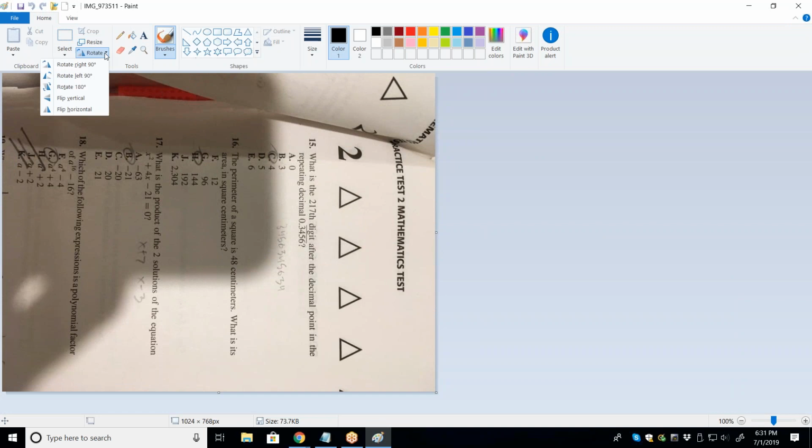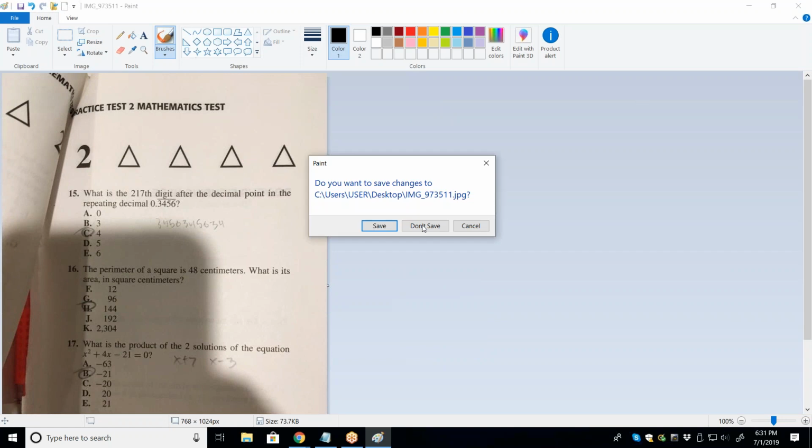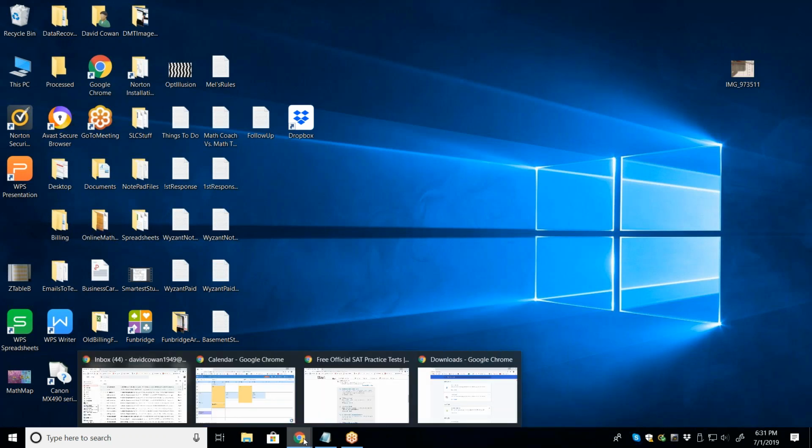Well, right off the get-go, it doesn't. That's the wrong file. It's not the file I want. Heck. Oh. I guess I get it.